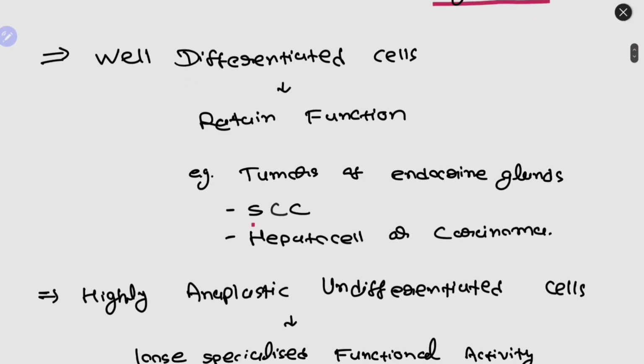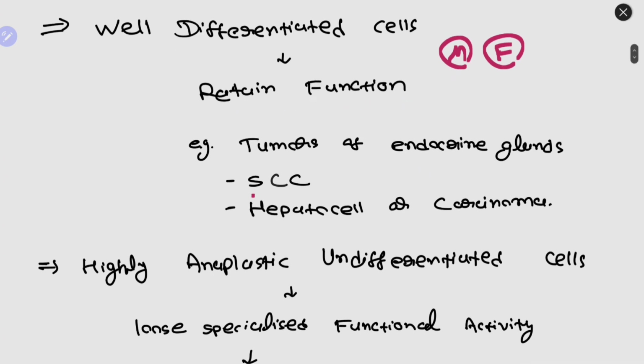In well differentiated cells, as we said earlier, they are similar to normal parenchymal cells both morphologically and functionally. So these cells retain their function. But this could be a problem sometimes. Imagine that the tumor is present in endocrine cells.